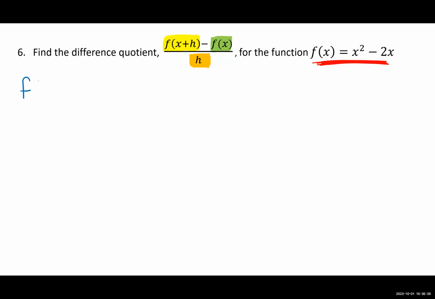So f of x plus h. That means we take the original function, and everywhere you see an x, you replace it with an x plus h.